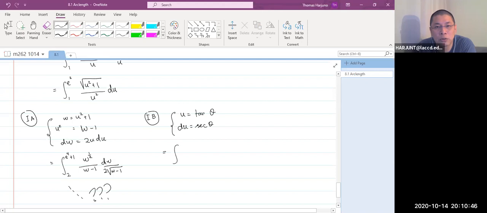So u equals tangent theta, the derivative is secant squared theta d theta. Okay, so u equals 1, so this is pi over 4. This is tangent inverse of e squared. This is secant theta on the top over tangent squared theta times secant squared theta d theta.